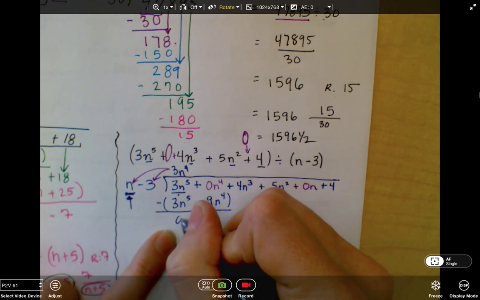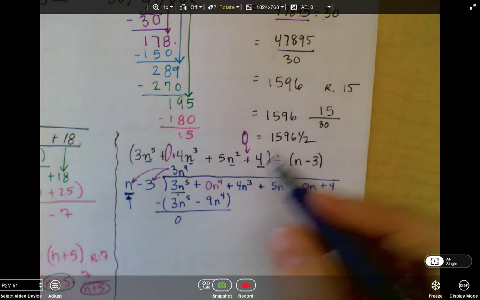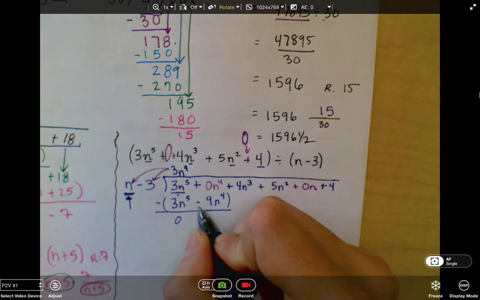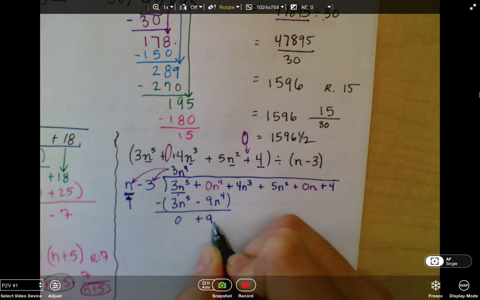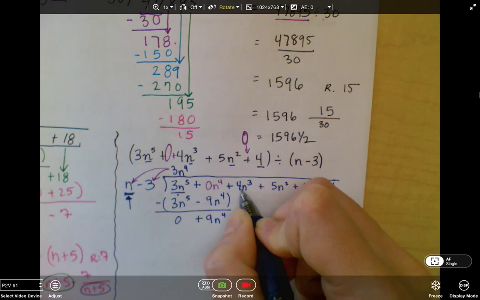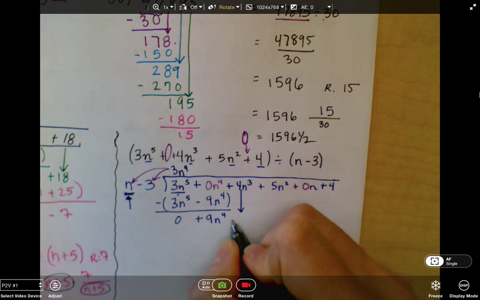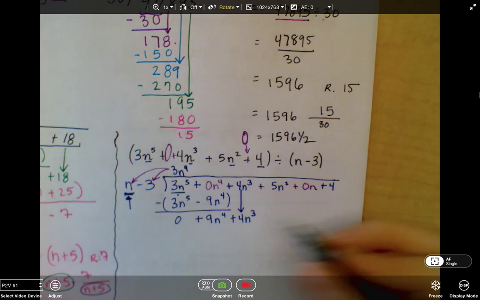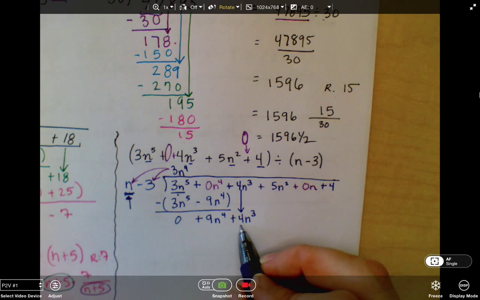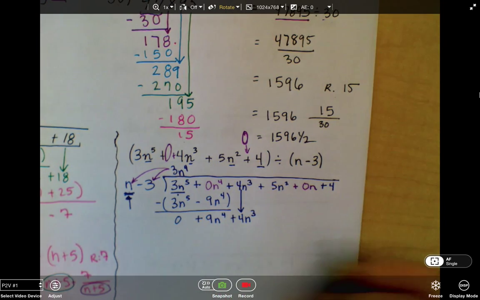These will always go to 0 because we designed it to do that. And then I'm going to subtract negative 9 from 0. 0 minus negative, be careful, plus 9n to the fourth. Don't forget to drop your number, plus 4n cubed. So how many n's go into 9n to the fourth?